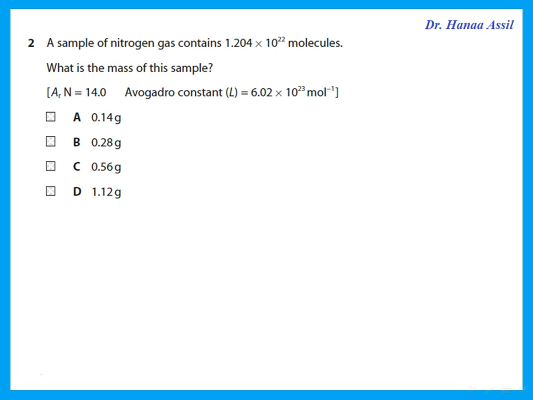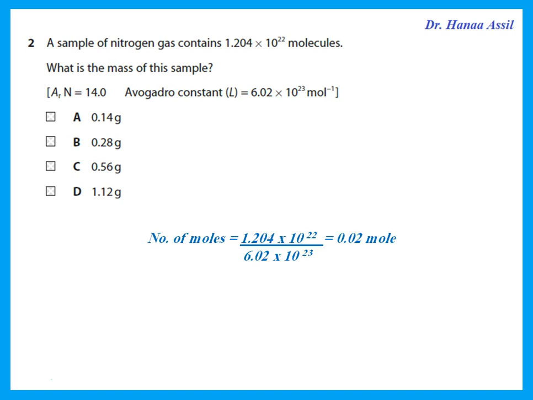Then he says a sample of nitrogen gas contains this number of molecules. What is the mass? Now you remember, in order to get mass, of course, we need to get the number of moles. And the number of moles with respect to Avogadro's constant is the number of molecules over Avogadro's constant.